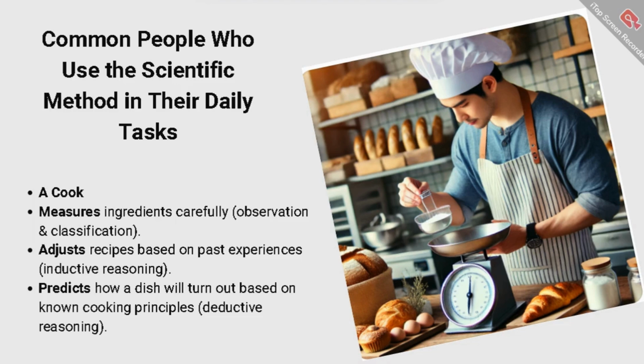Just as a child stopping himself from touching a burning stove is using inductive reasoning, learning something from past experiences, in the same way a cook also adjusts recipes based on past experiences. So here he is using the scientific method. And he also predicts how a dish will turn out based on known cooking principles. That's called deductive reasoning, meaning how the dish would be, a tasty dish or a useless dish.